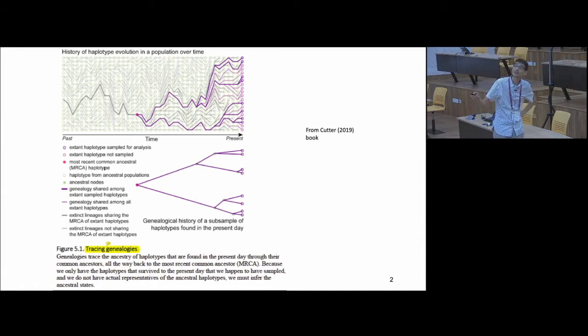And so this is just taking this figure and straightening it out, and you get this genealogy, okay? So this is the genealogical history of this sample. I want to emphasize that to begin with, it's really useful to think about genealogies without any mutation, right?